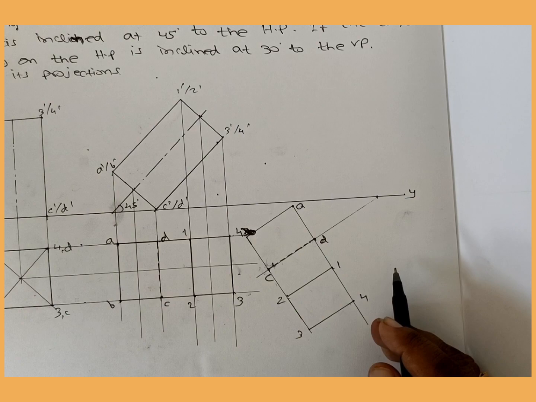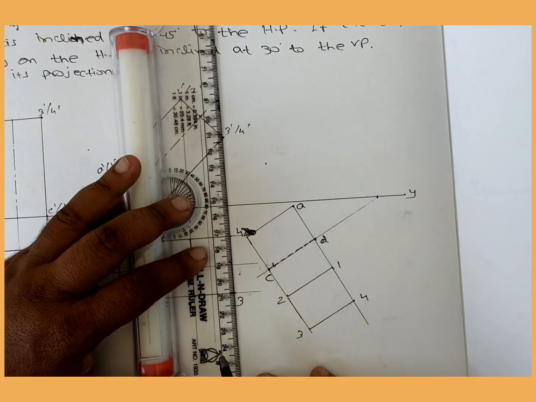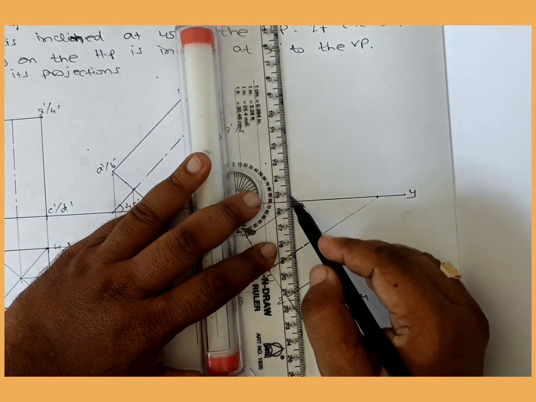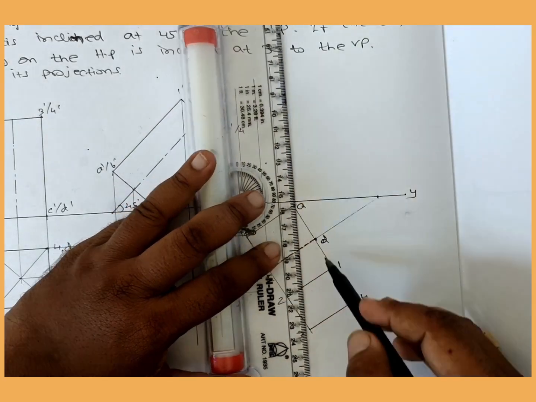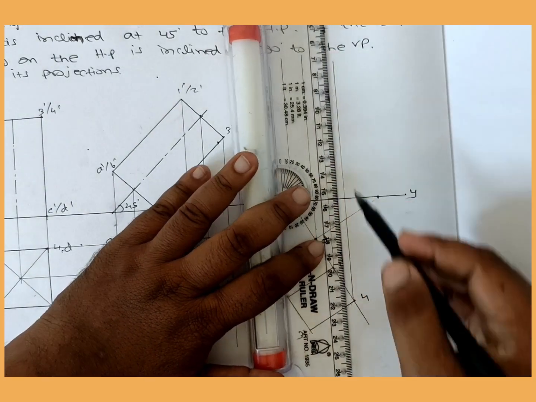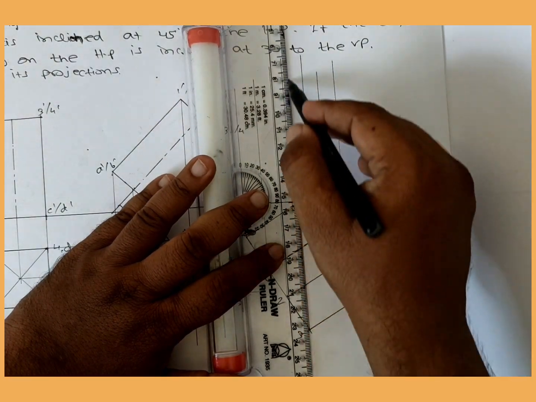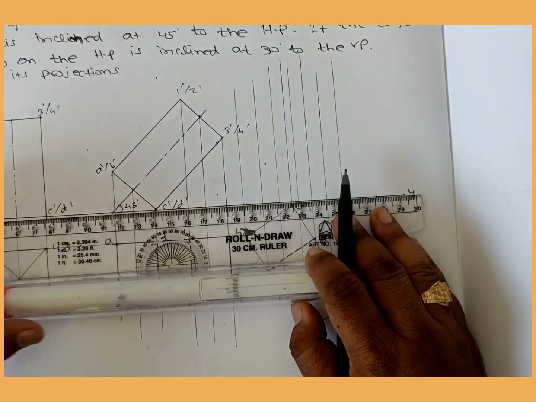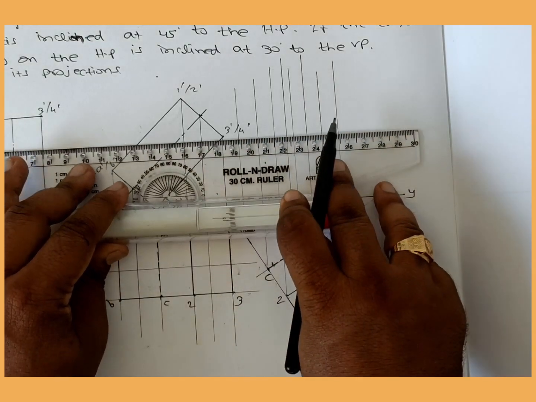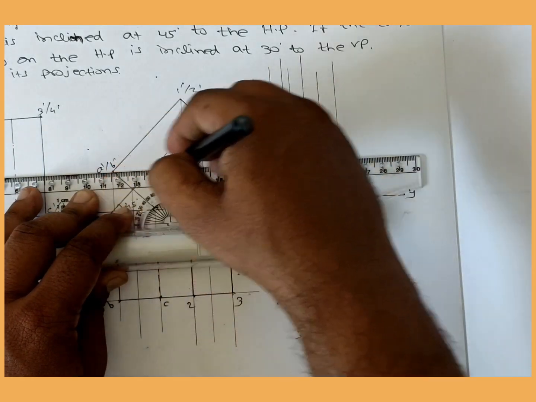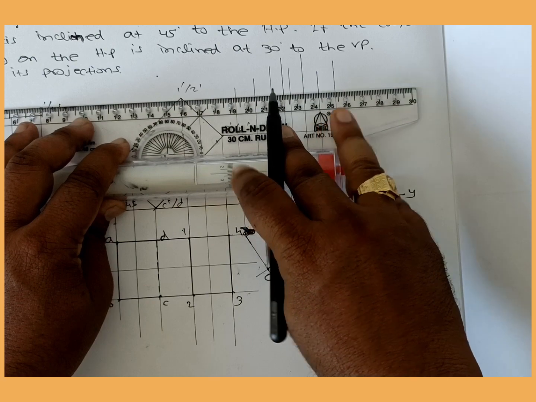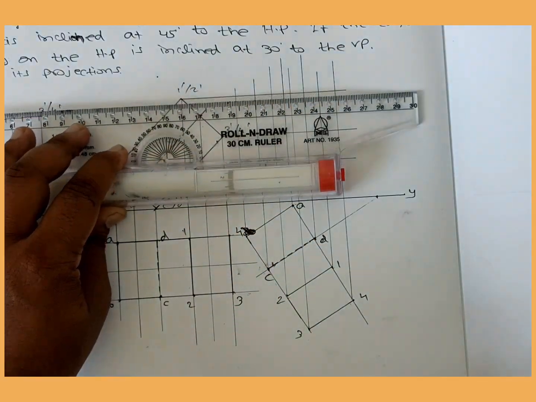Now you have to take the vertical projection. Okay, now horizontal projections from AB, from 3 4 and from 1 and 2.